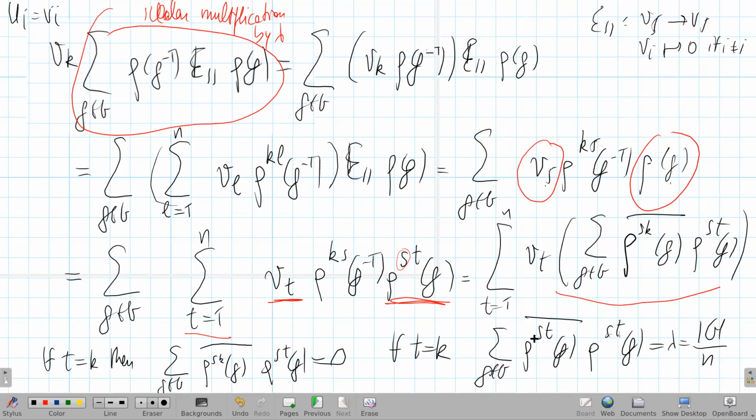So unless you have the same indices on this side, you get 0. For instance, here t is different, which means of course that the pair sk is different from the pair st. In the other case, it's even worse because you don't have any equalities.